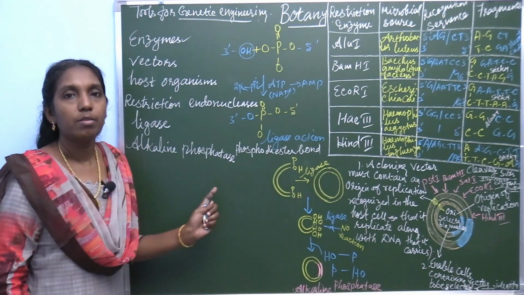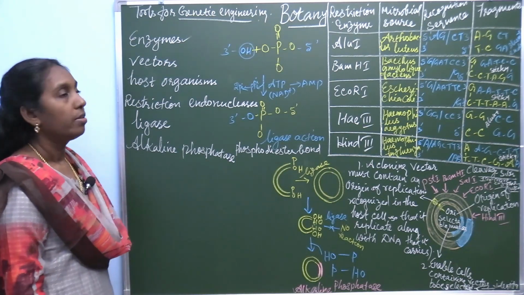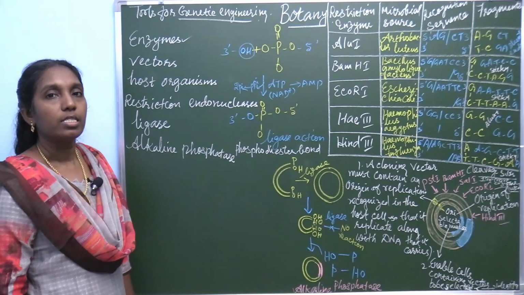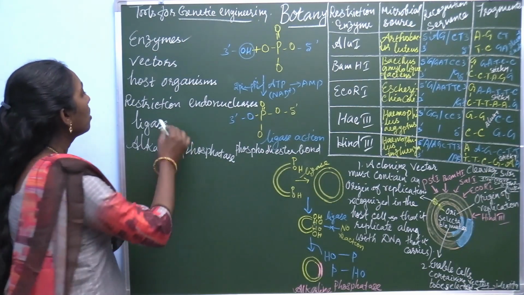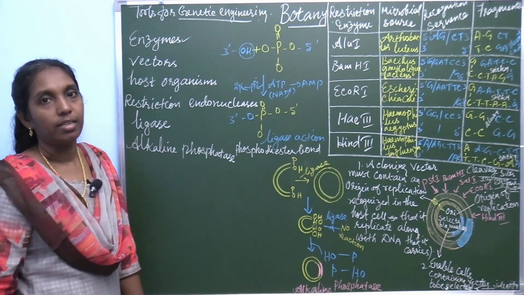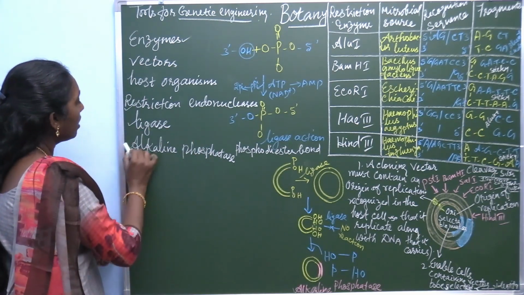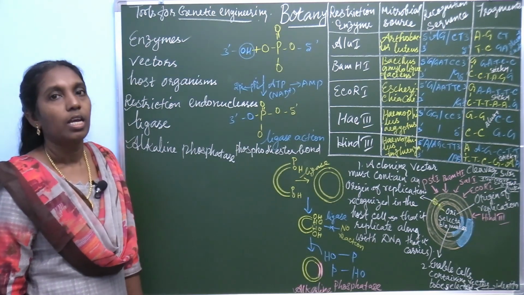These three enzymes are necessary for this genetic engineering technology. Today, let's see the action of restriction endonucleases, ligase and alkaline phosphatase.